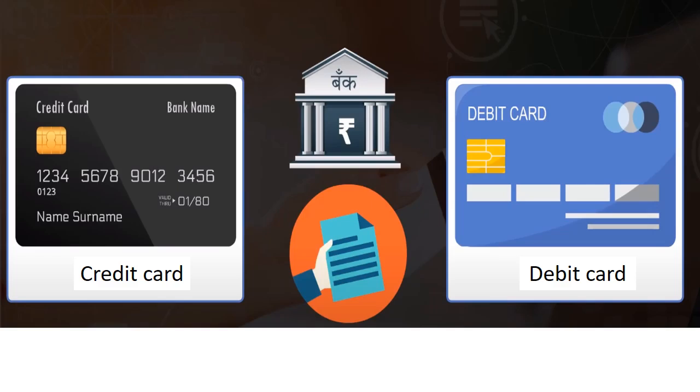So credit is a measure of a person's ability to pay back his or her debt on time. And debit card is what? Debit cards draw money directly from your checking account when you make the purchase. So students, an account holder can get such a card on request to the bank.